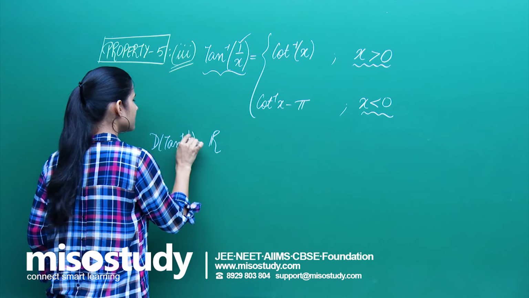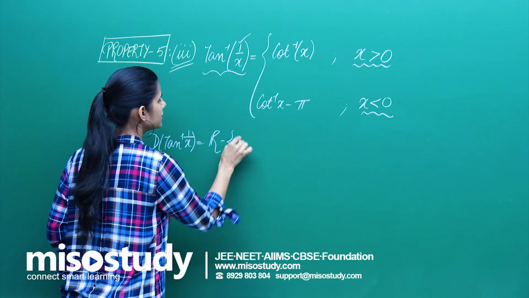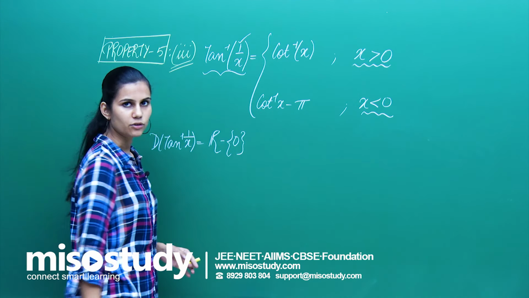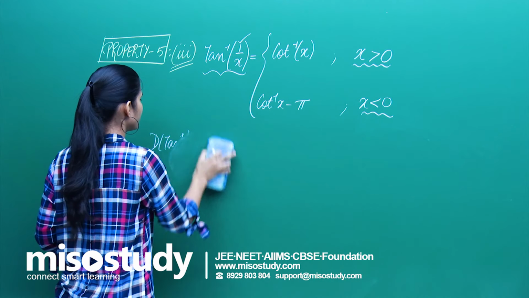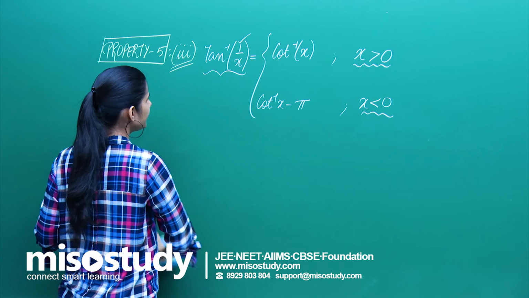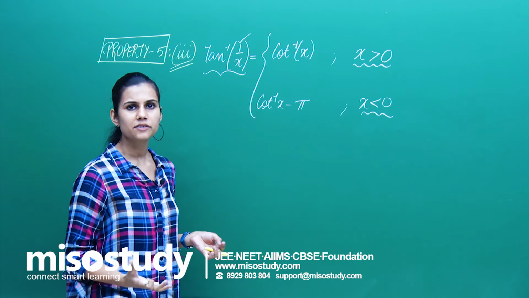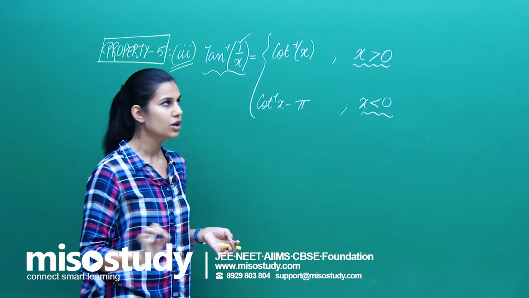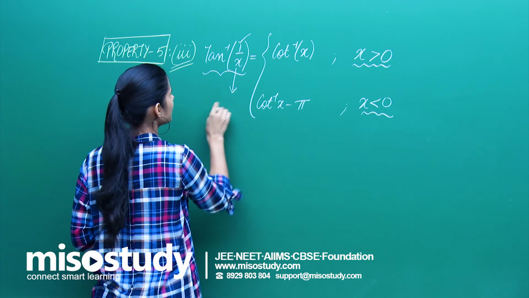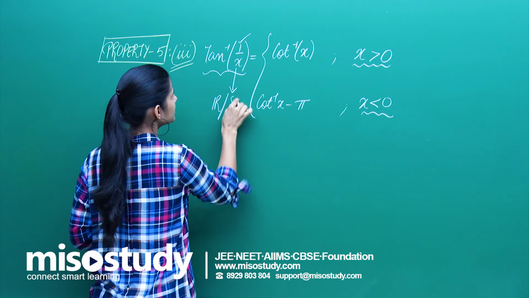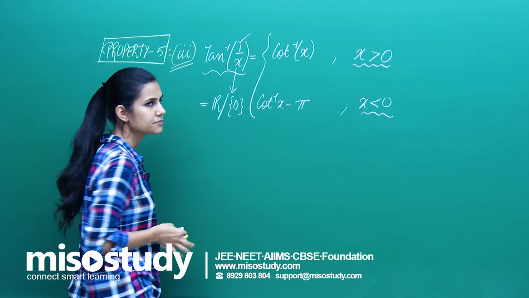The domain of tan inverse 1 by x is the collection of all reals minus singleton 0, because for x equals 0, 1 by 0 is not a valid argument. Is it understood? Therefore, if I have tan inverse 1 by x over here, 1 by x should be either a positive real number or a negative real number, but it cannot be equal to 0. So, obviously, this 1 by x is coming from the collection of all reals minus singleton 0.